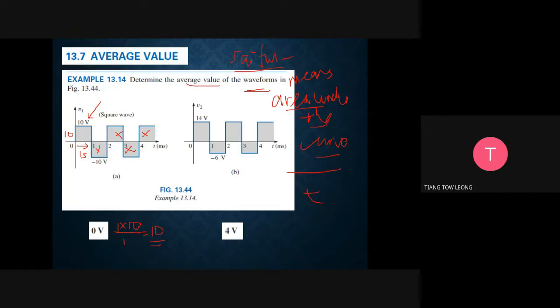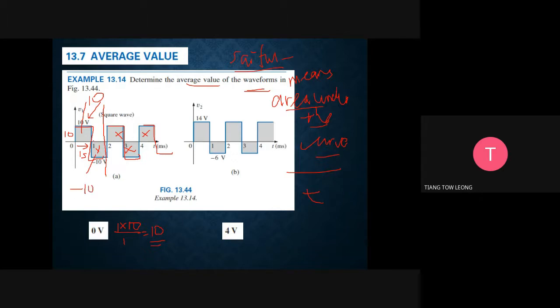If let's say we don't want to find the average value for only one cycle, we want to find it for the periodic cycle. So this is one period, then this is another period, this is the third period. So how do we find the average value? We chop into one period first, and then we find the average value. This is an average value of 10, and then this is an average of -10. Why?